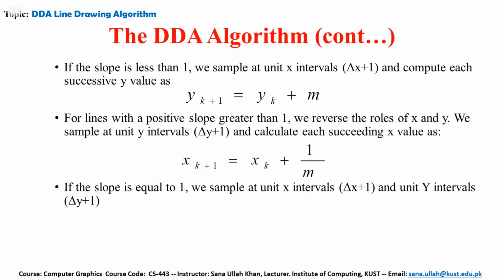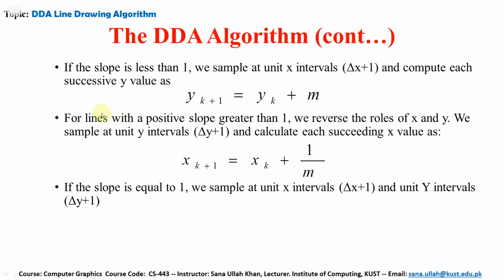If the slope value is less than 1, then we simply increase x with the unit interval, and y will be calculated using this equation. So yk plus 1, the incremented y value, means the next y value is equal to yk, the previous y value, plus m, the slope value.